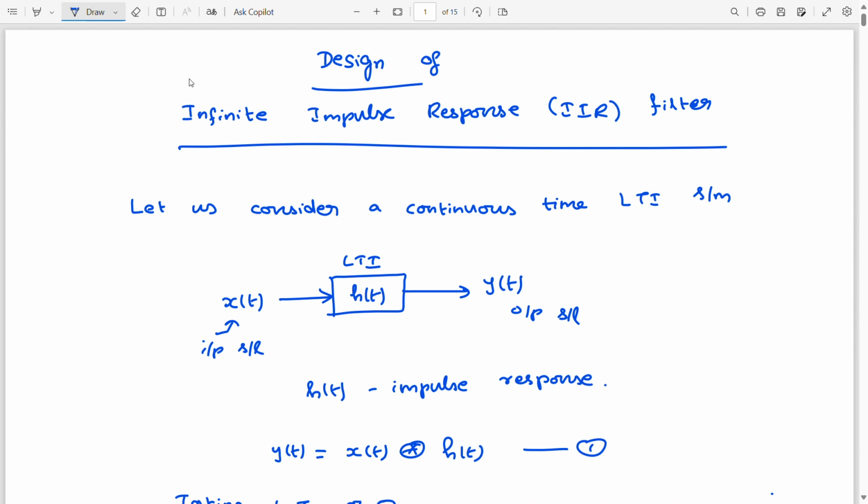Here the representation is given in analog filter, so this analog filter has to be converted into digital filter. The design specifications of analog filters are converted into design specifications of digital filters, and the conversion is only valid and effective if the system is a linear time invariant system and it is a stable system. As we speak about the stable system, all of its poles should lie in the left half of the S-plane.